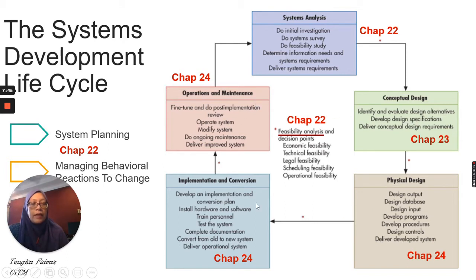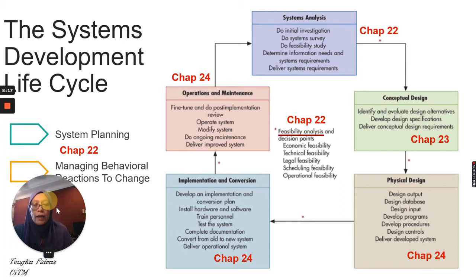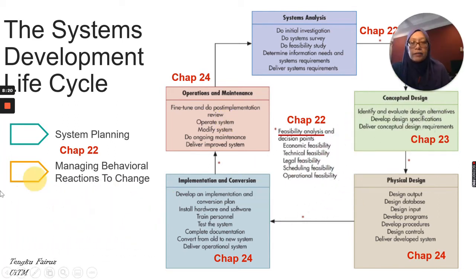Specifically it is done during system analysis, but it can also be done in other phases when there are changes in the user requirements. So they will need to do the feasibility analysis again. That's why the feasibility analysis is put in the middle of the figure, because they want to show that it can be updated in any of the phases if necessary.